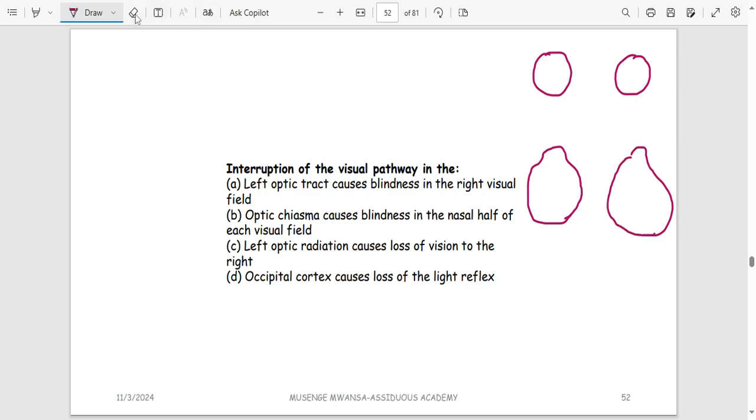Okay, this guy is not sick. Is not having any problem. Okay, something like this. So our visual fields are on top.